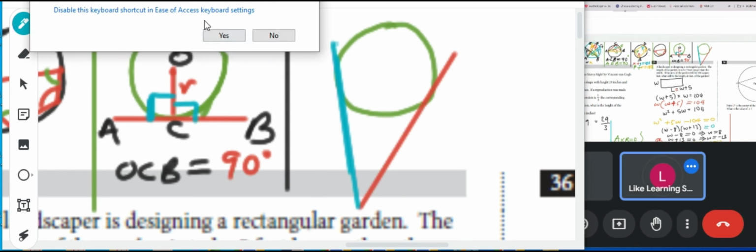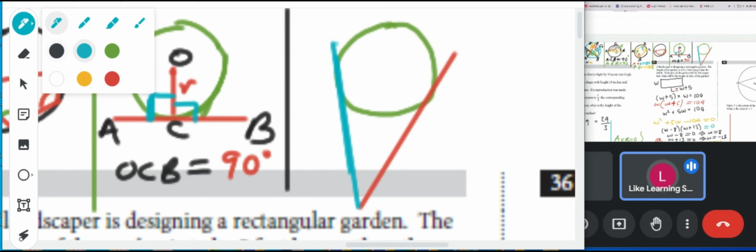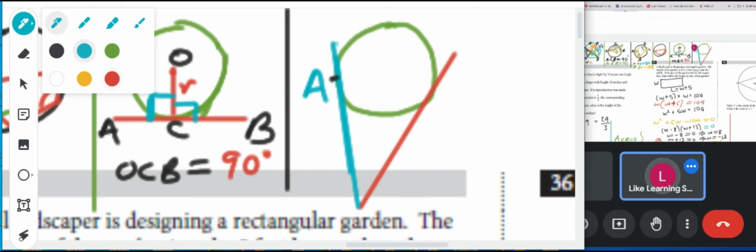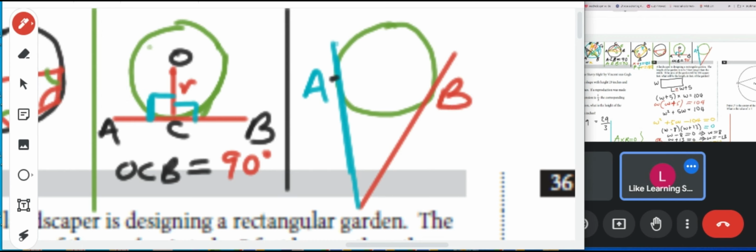The distance from where those tangents are touching the circle, like here, A, and like here, B. Let me write that one in with a blue line. This one, A here, and this one, B here. Where they are meeting, let me call it C. The distance from A to C must be equal to the distance from C to B.